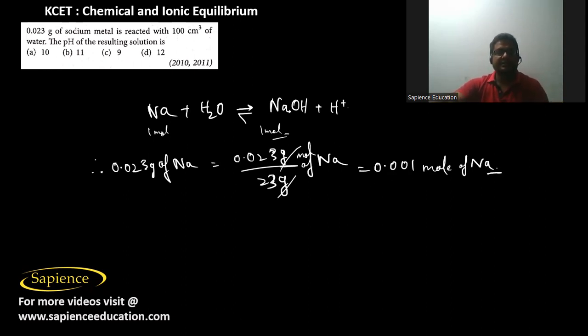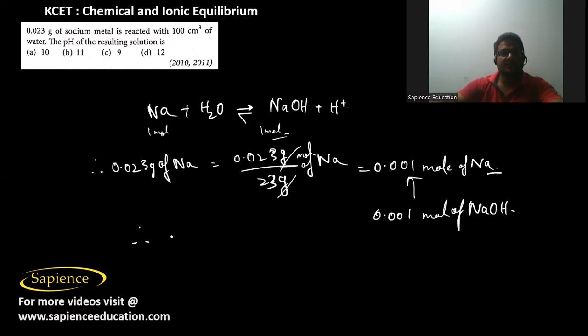That reacts with 100 centimeter cube of water. So from 0.001 mole of sodium, I will get 0.001 mole of NaOH also.